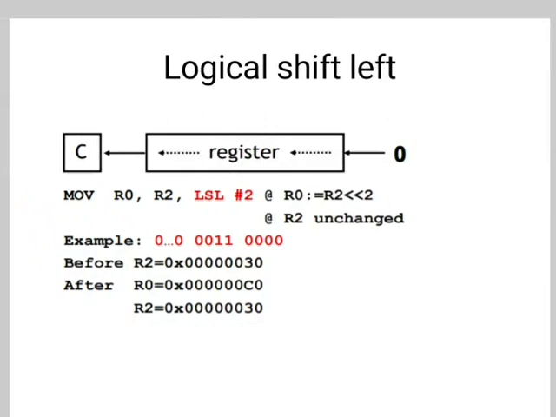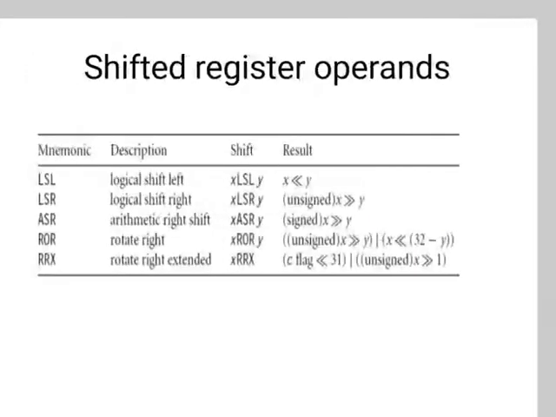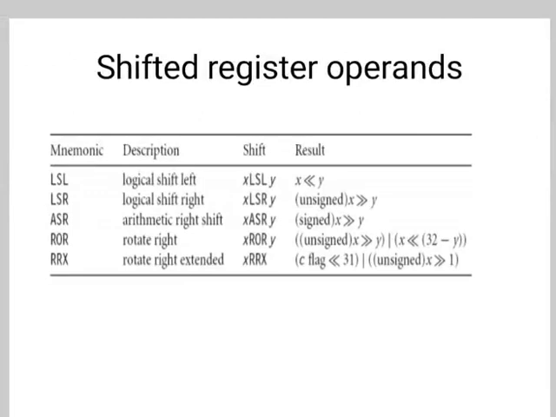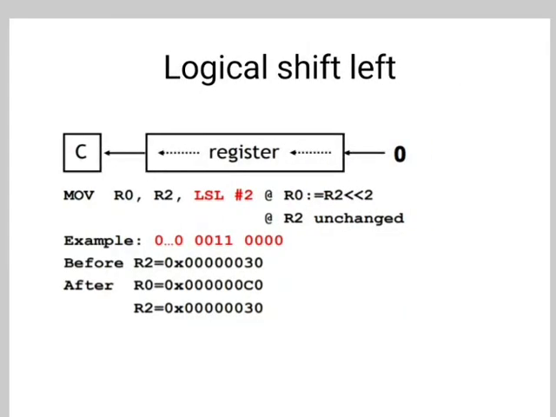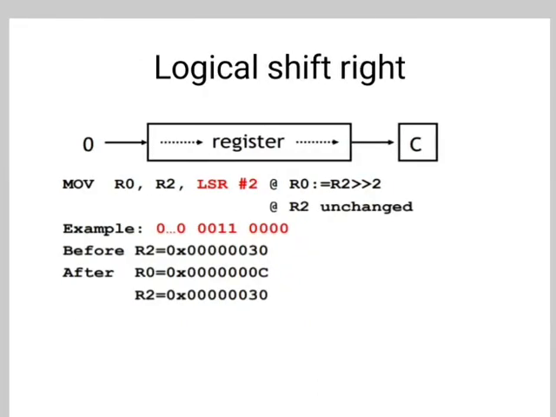So here R2 remains unchanged and the value of R0, that is the destination register, will be shifted by 2 places because it is logical shift left.